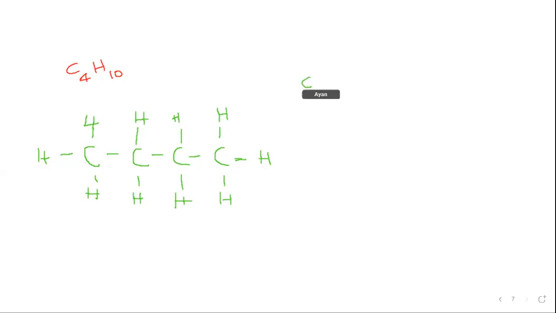I'm just gonna write this formula so it makes it easier to understand. You can draw displayed formulas. You can write condensed formulas. Both are fine with me. If you just want to write condensed formulas, you can. Remember, in exams, if they don't specify the type of formula that you're supposed to write, it's completely optional whether you write the displayed one or the condensed one.